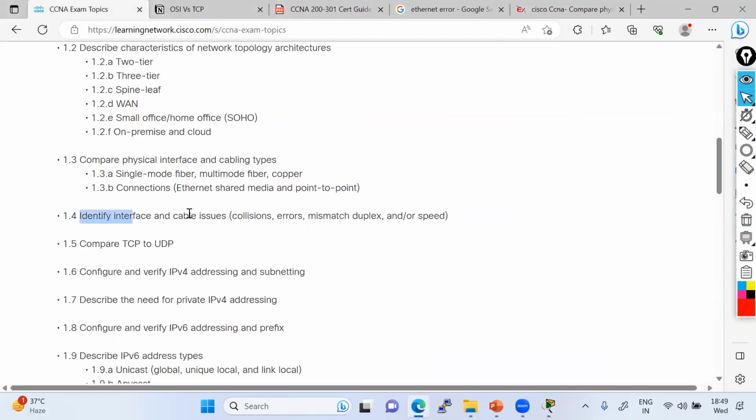If you find interface errors, it means your cable has a problem or your device port has a problem. With this kind of issue you are going to get collisions, errors, and duplex and speed mismatch.